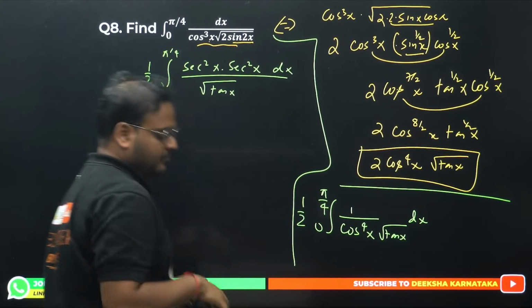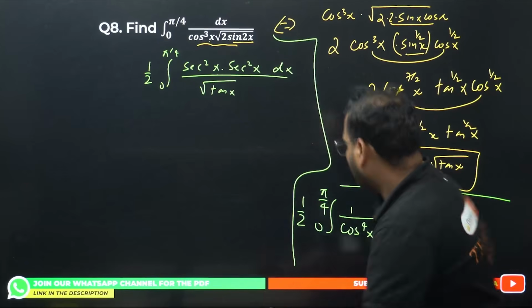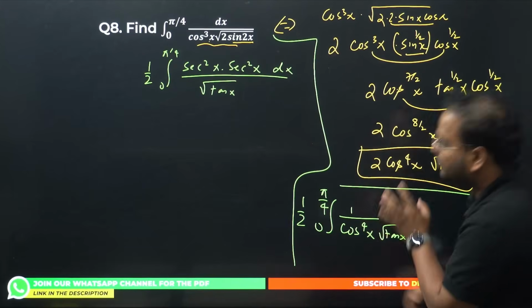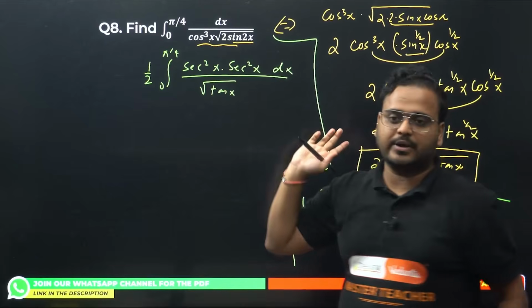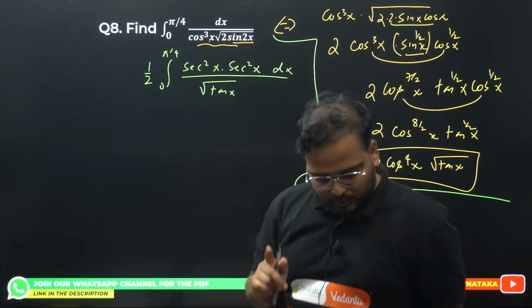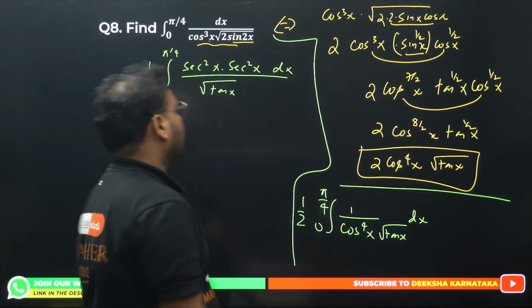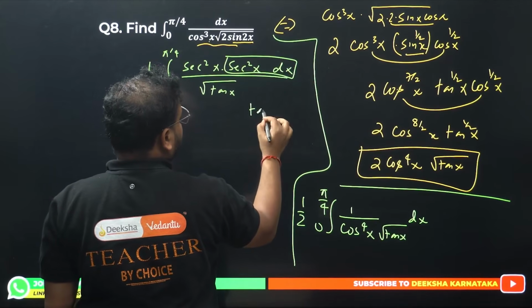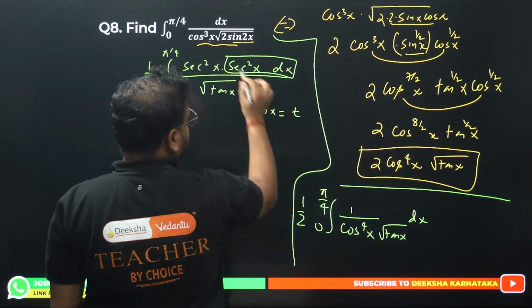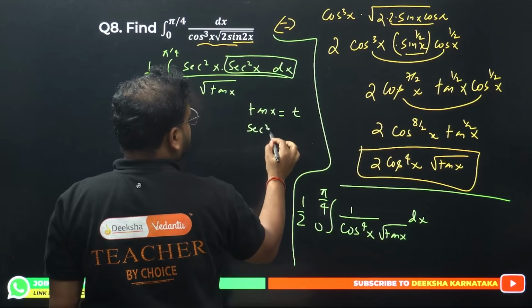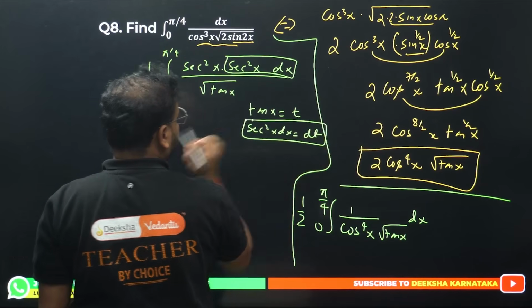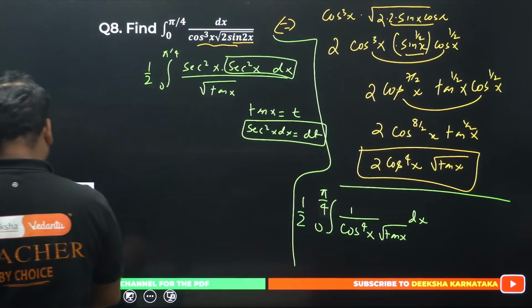If I take tan x as t, this sec square x dx will become dt. Superb.